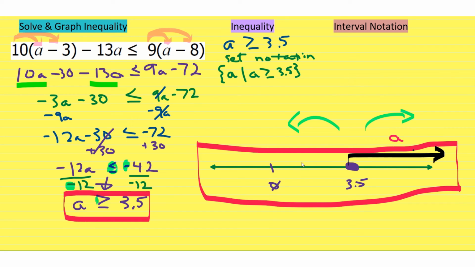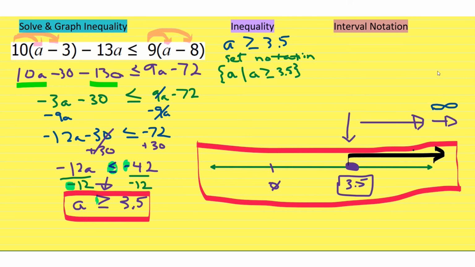But this number line actually helps us to think about our interval notation, because basically the interval starts right here. It starts at 3.5 and it goes this direction forever and ever and ever, and the math symbol that represents forever and ever and ever is infinity.